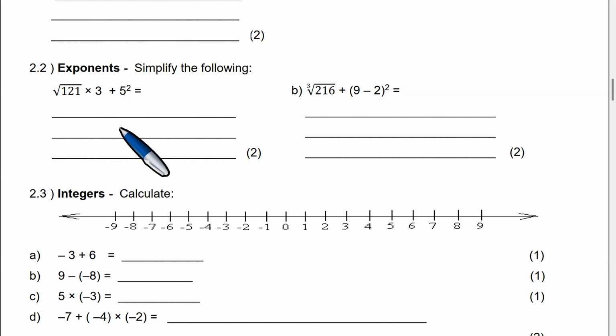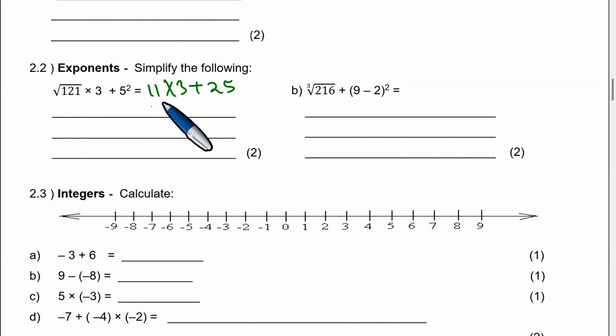Okay, let's check. It is not 29. What is the square root of 121? 11. Well done, 11. What is 5 squared, Lindsay? It is 25.